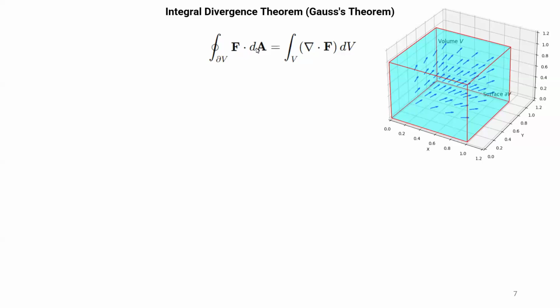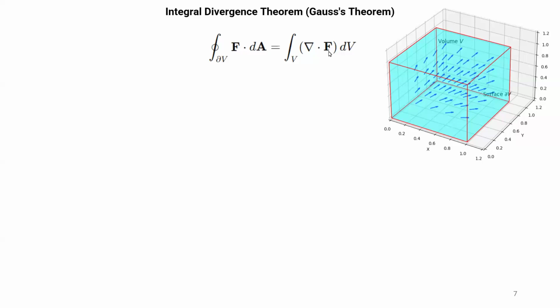So flux of some vector F over the closed surface, and this circle here indicates a closed surface, is equal to the volume integral over the volume of this body enclosed within this surface. And the integral includes the divergence of this vector field.